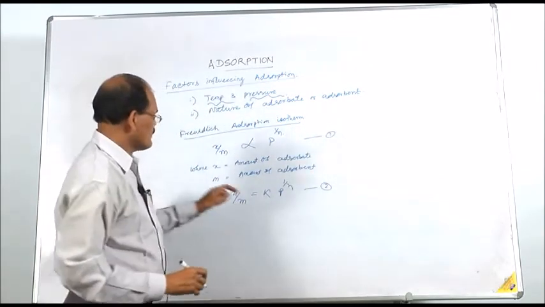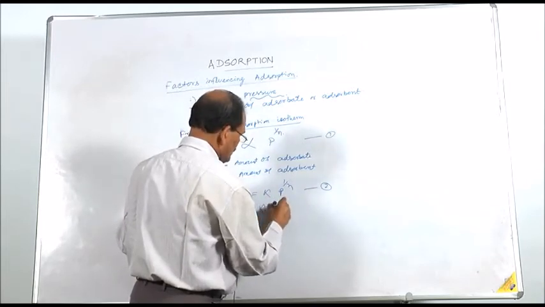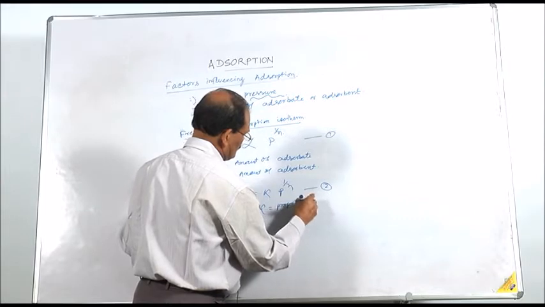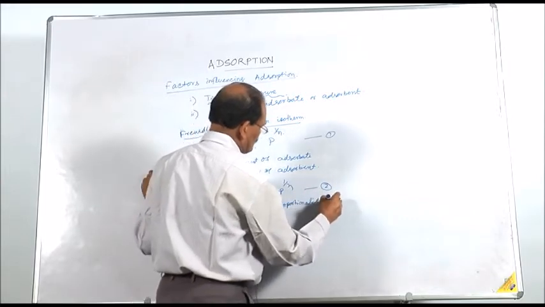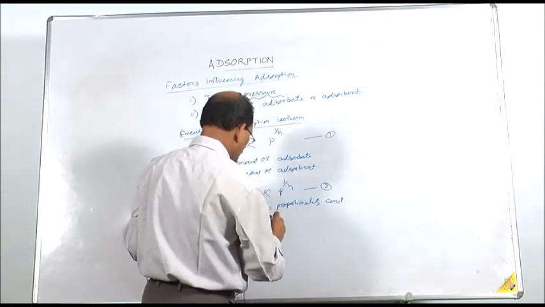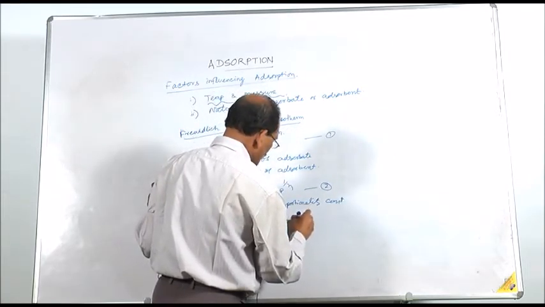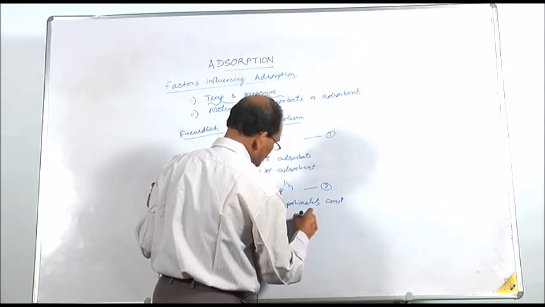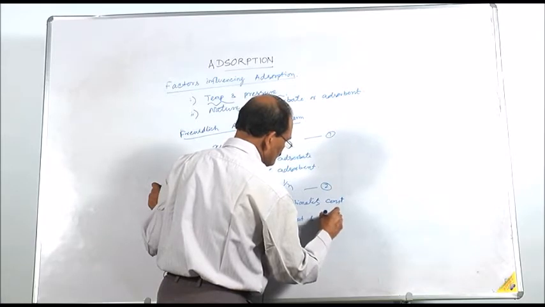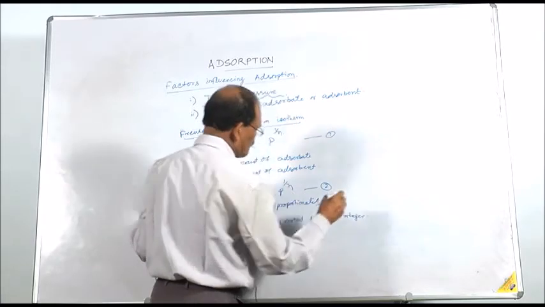K is the proportionality constant and n is also another constant. And n is also a constant and is a positive integer.